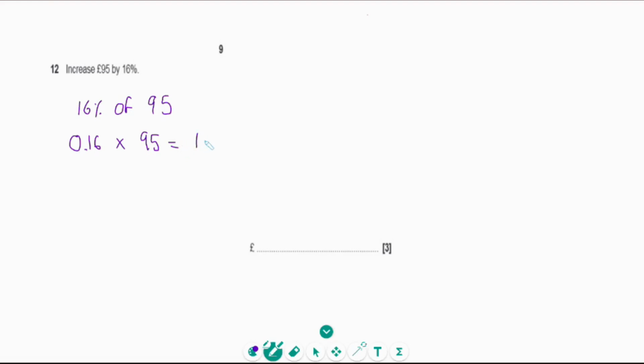Which is 15.2. We're increasing 95 by this amount, so we just need to add them together. So 95 add 15.2. 110.20.